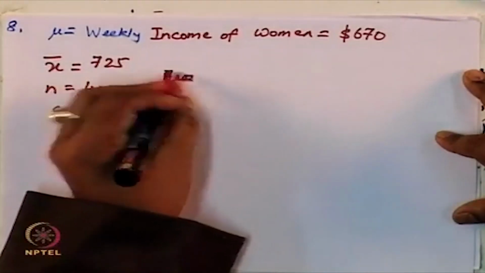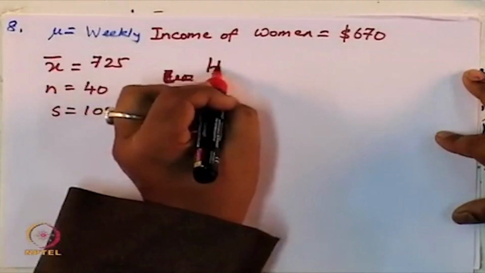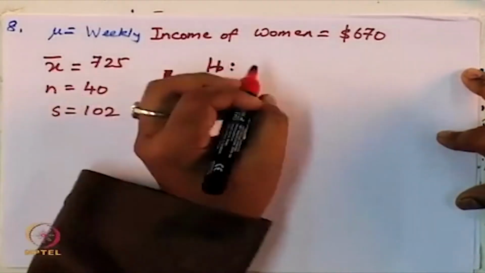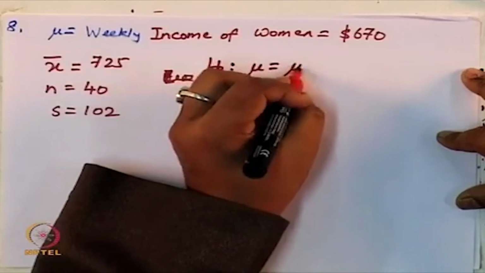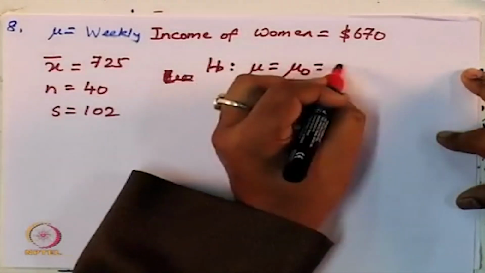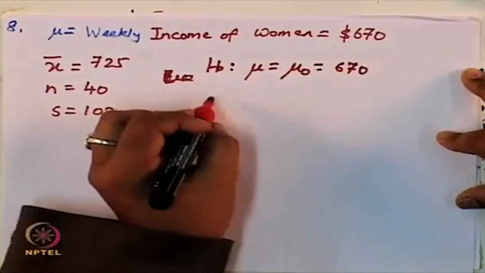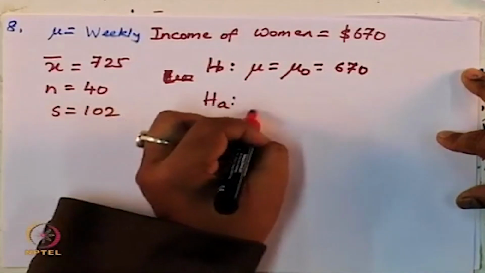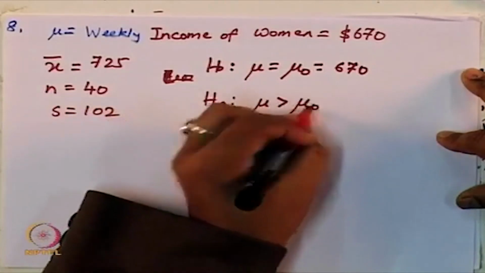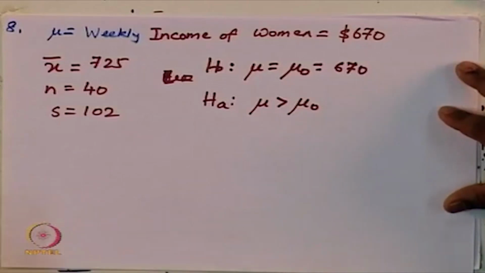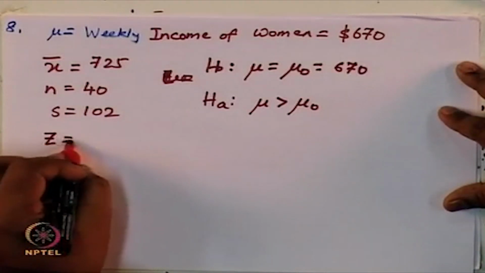Before doing that, let us write the null hypothesis. The null hypothesis is mu equal to mu naught equal to 670, and HA is mu greater than mu naught. Everything is based on the test statistic.